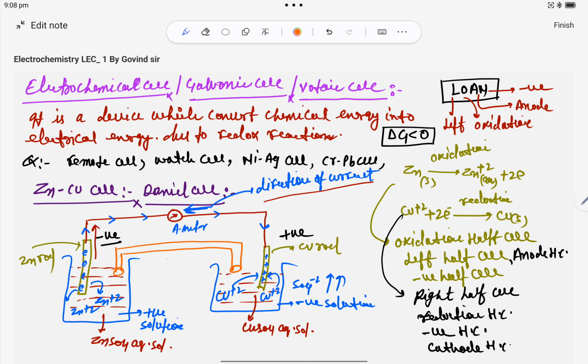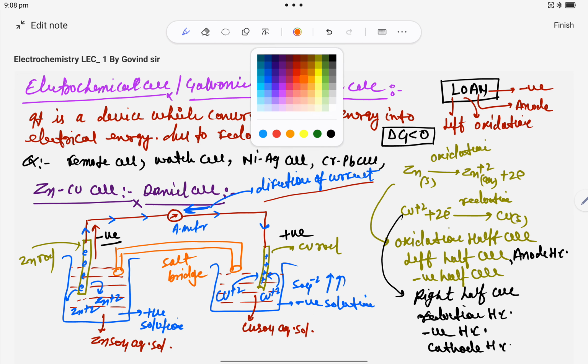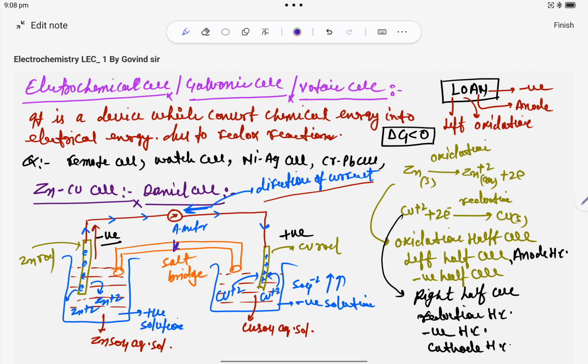The salt bridge is filled with inert electrolyte KCl. So here negative charge density increases in this copper container. Here K plus flows, and where negative charge density increases, positive charge density, then Cl minus ion will neutralize it and the flow of current started again.